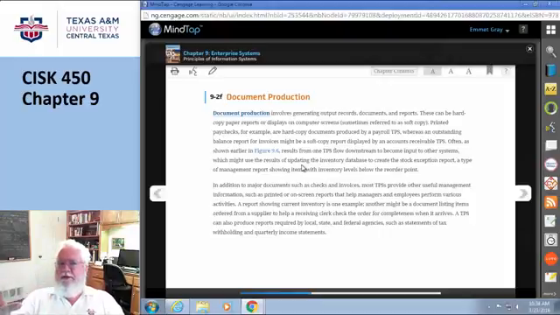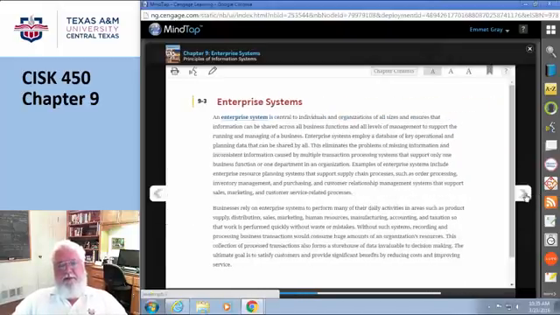So it has to be in an electronic format, otherwise I can't do anything with it. If it produces a piece of paper, how am I going to get that in? I guess I could scan it, but that'd be kind of dumb. So most of these can produce checks and invoices and paper documents where paper is required, and then produce data feeds into other systems a little higher up the chain. Okay, so that is what TPS is all about.